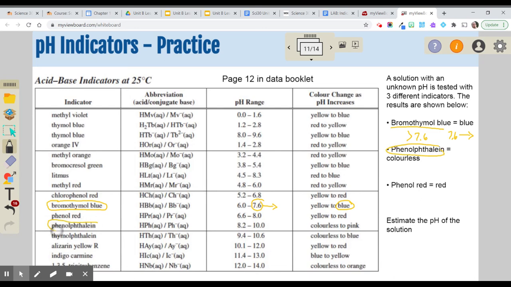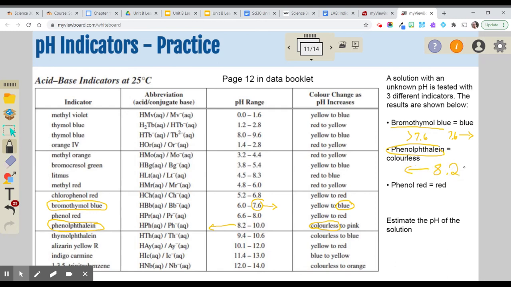There's phenolphthalein, and it is colorless in the test. It changes from colorless to pink from 8.2 to 10. So if it's colorless, then it must be less than 8.2.